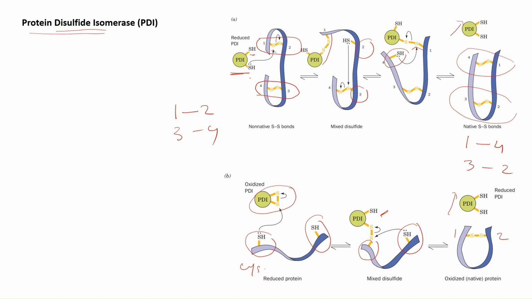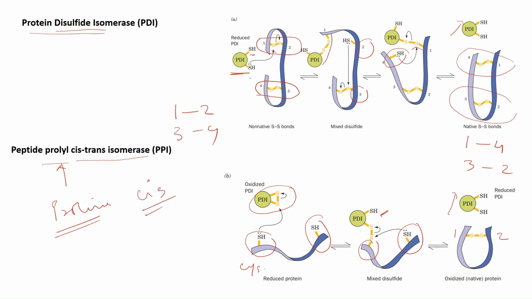Apart from this, one more enzyme is needed, that is peptide prolyl cis trans isomerase. What does it do? We already studied in the peptide video that the amino acid proline is not always in a trans configuration in peptide bond formation. There are cases when it is present in a cis form even.